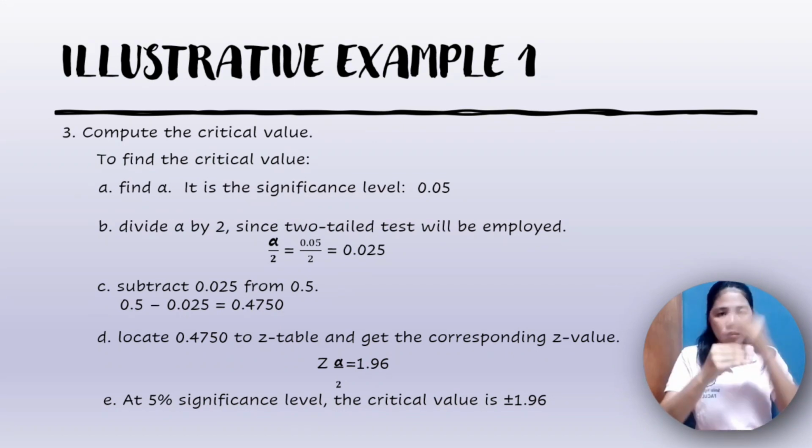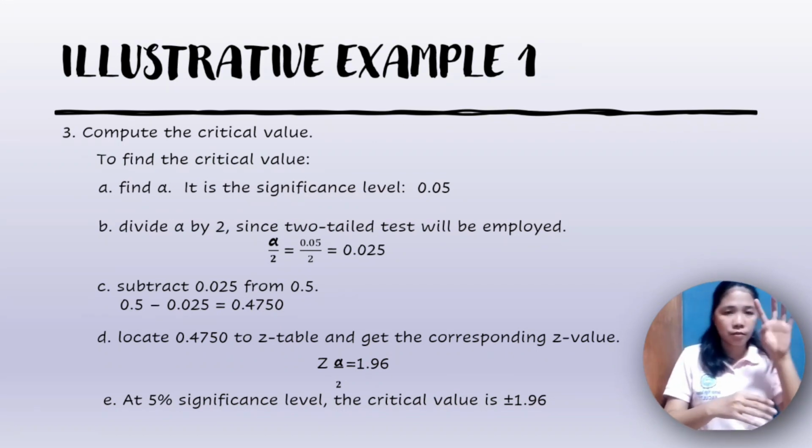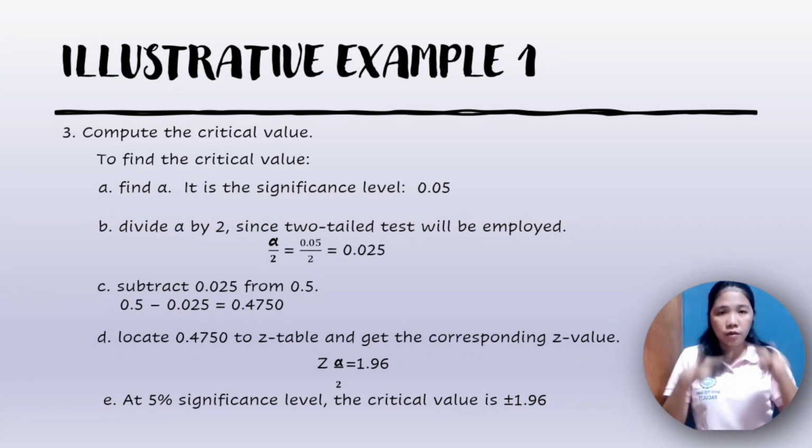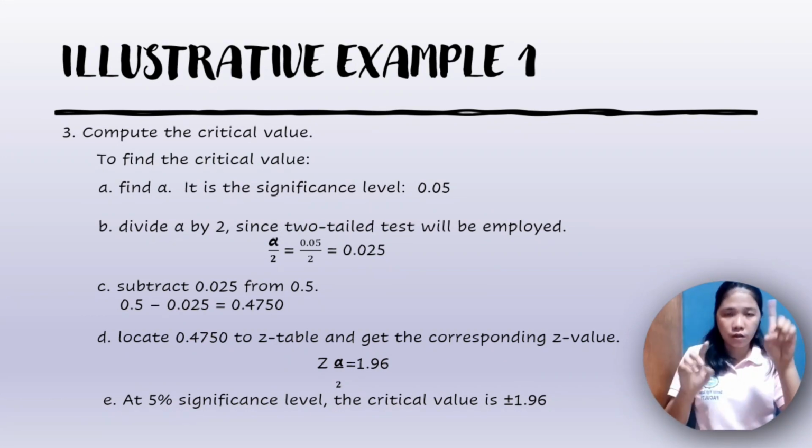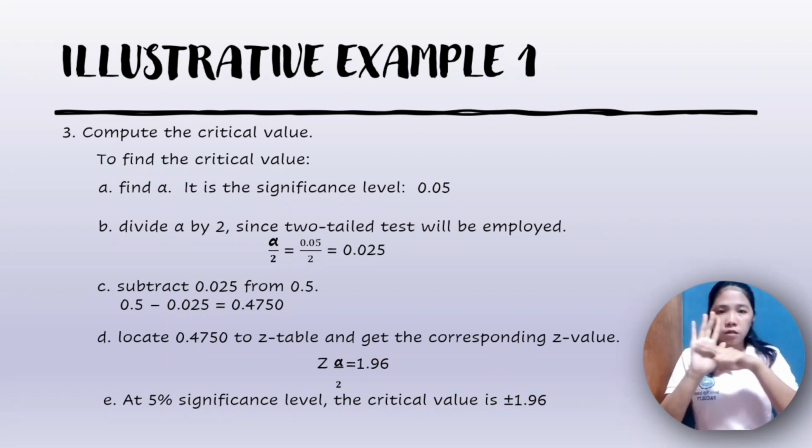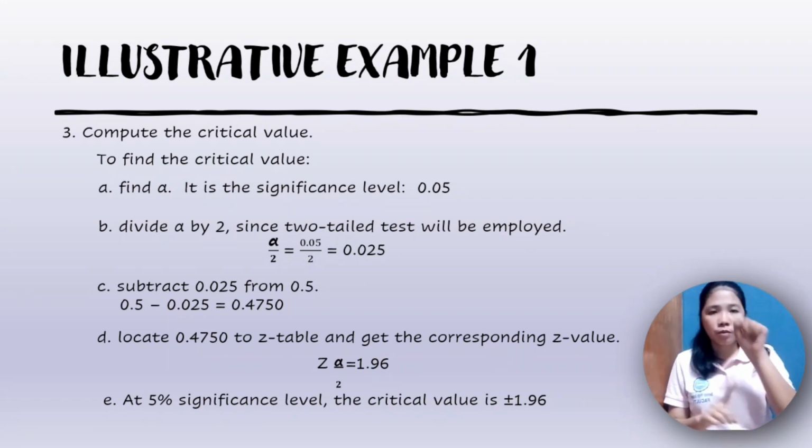At 5% significance level, the critical value is positive and negative 1.96. Since we are dealing with a two-tailed test, we have two values, positive 1.96 and negative 1.96, for its critical value.